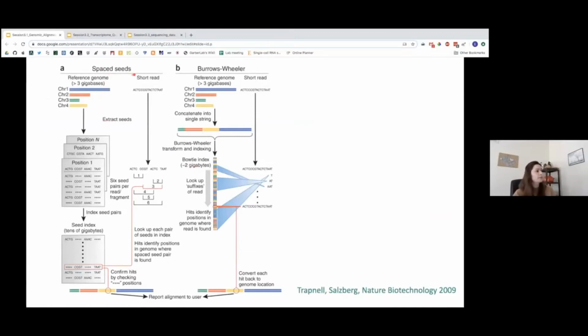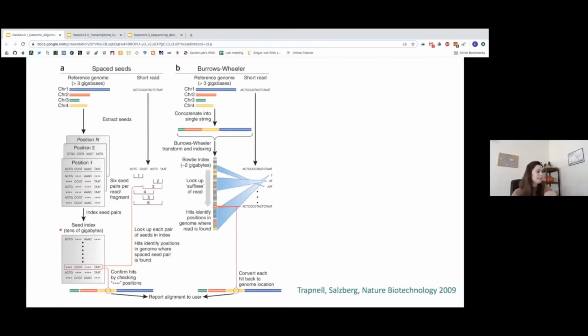For example, we have this strategy called spaced seeds, where there are 4-letter words that are masked, and then masked 4 letters, and then again a 4-letter word, and all of this is stored in an index, and you first try to match the words that are not masked, and then in a second step you match the words that are masked.